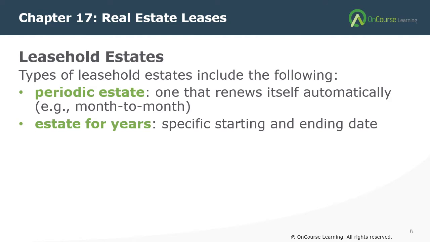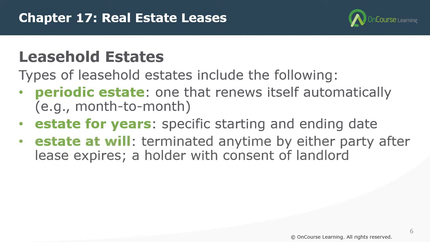The next 2 types of leasehold estates are what's termed holdovers. And the word holdover means staying beyond the lease period. So first, we have the estate at will. The estate at will can be terminated any time by either party after the lease expires.